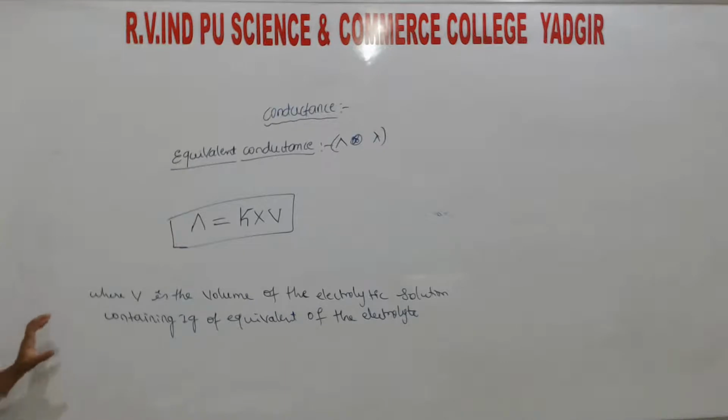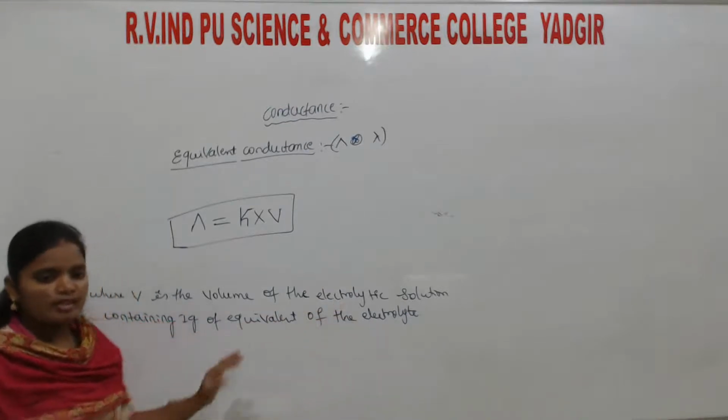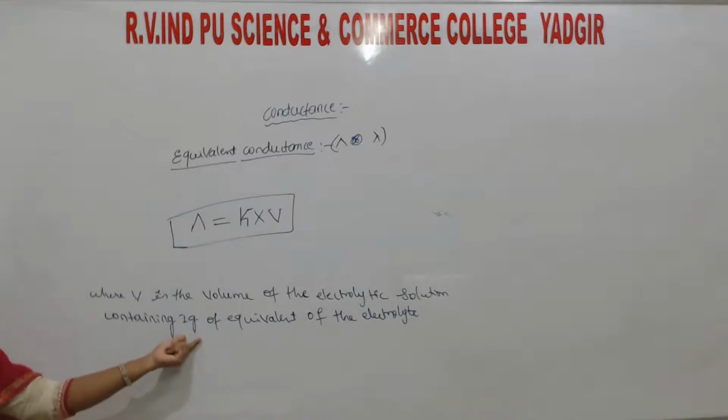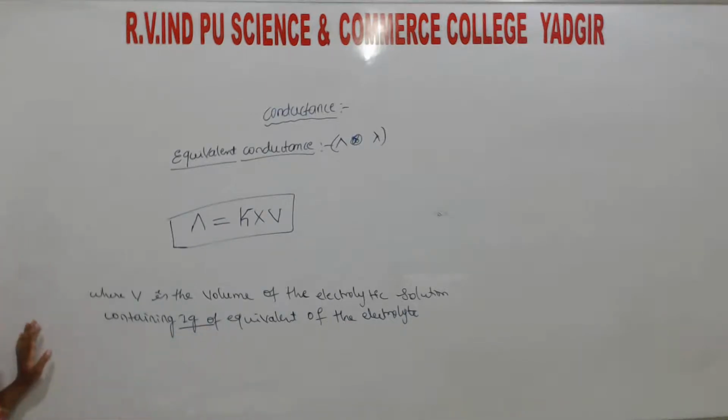In general, suppose an electrolyte solution contains n gram equivalents in 1000 cc, or 1000 ml.